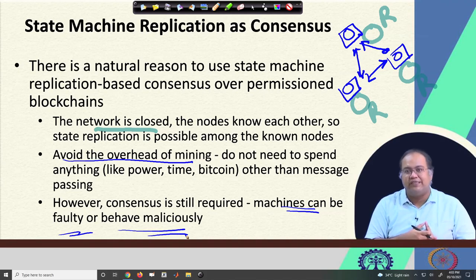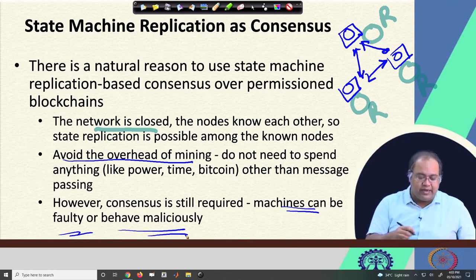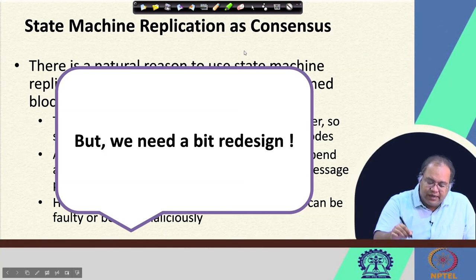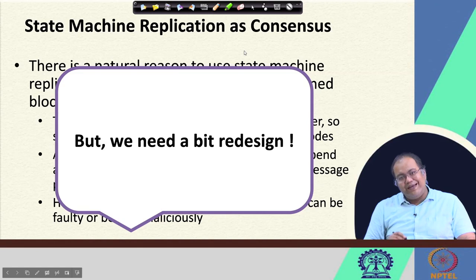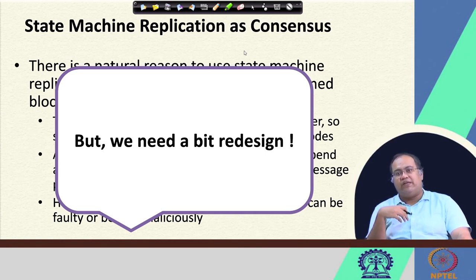So, that way we still need a certain kind of consensus on the current state of the state machine, which we can achieve by extending this particular idea. Now, with this objective, we need a bit of redesign of the basic consensus idea based on simple message passing or simple majority voting.